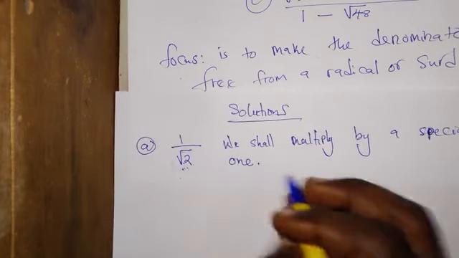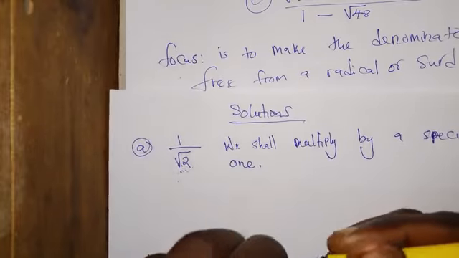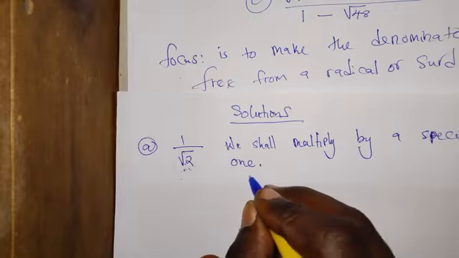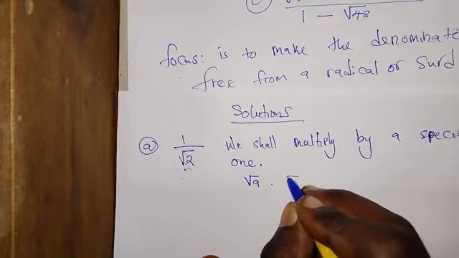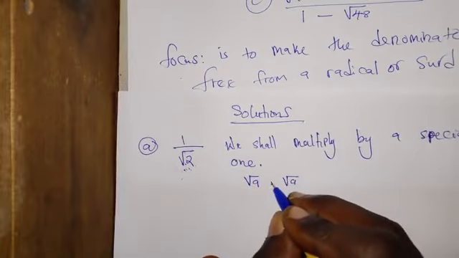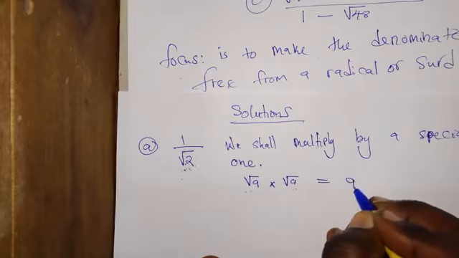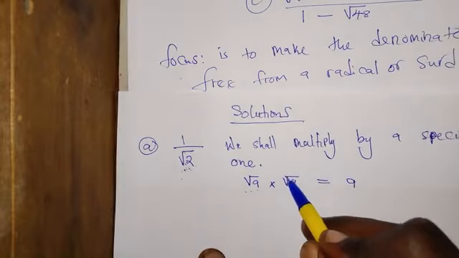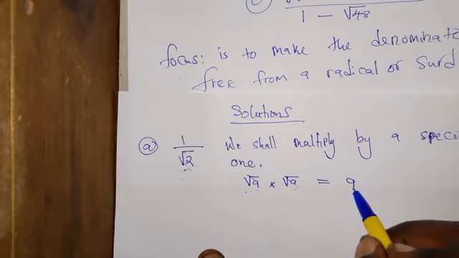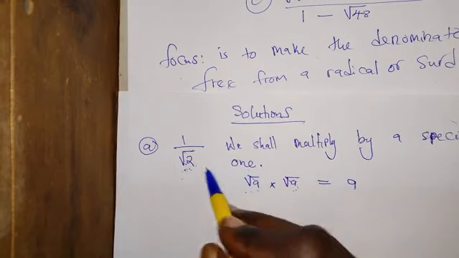The only way a radical can be deleted is by using the property: root of a multiplied by root of a. These two cancel each other, and I'm just going to remain with the a. This is where the special one comes about.